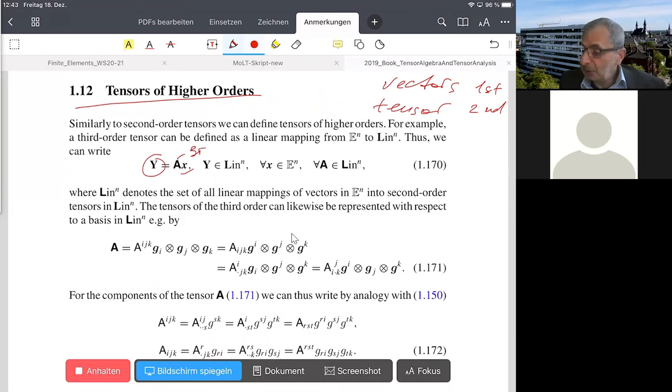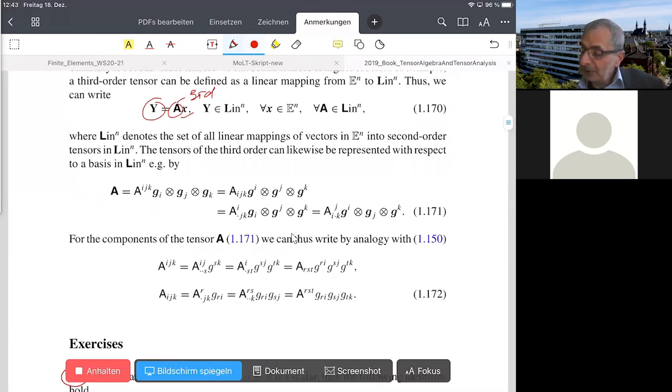This A is third order. You see also here the notation is a little bit different. The font of this tensor is another one, right? And similarly, we define this tensor product here only as an illustration of how we can define a third order tensor.